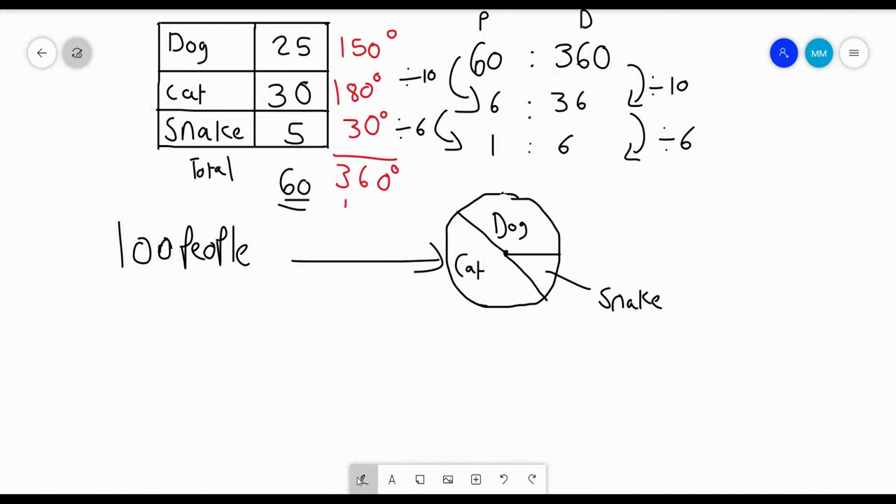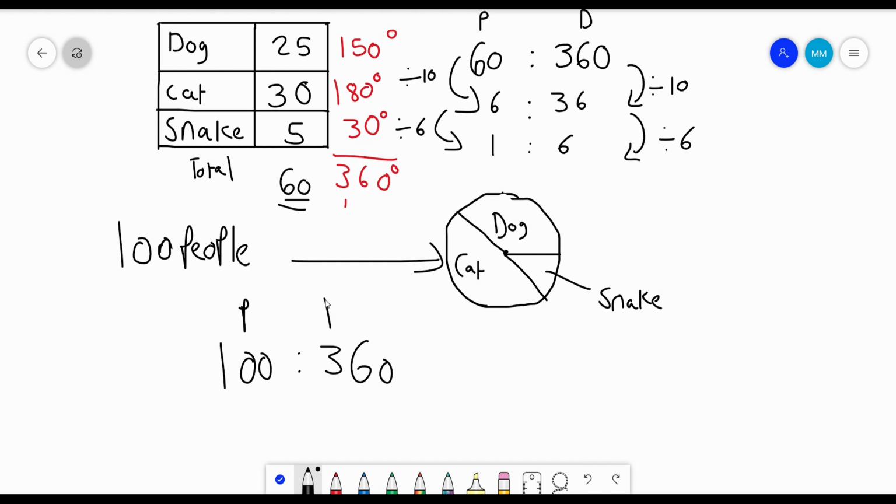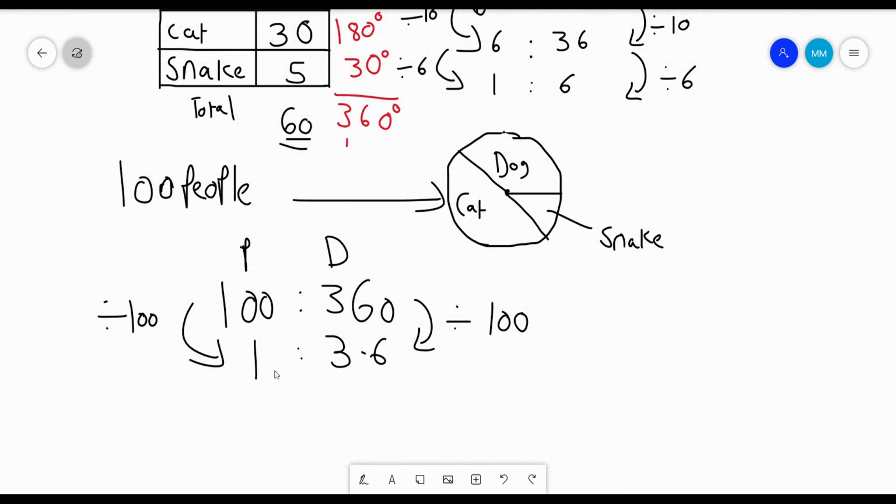So you would do the same calculation as above. So you say, right, well, 360, 100 people, P for people, D for degrees. So therefore, one person equals, because we're going to divide both sides by 100, 3.6. So one person is 3.6 degrees.